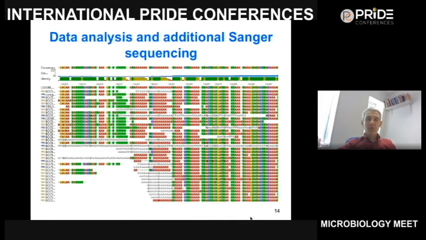So we had to resequence such regions in the viral genome, about 20 different locations, and we clarified this by Sanger sequencing, using about 20 pairs of primers which we designed according to the previous data obtained by Ion Torrent sequencing.